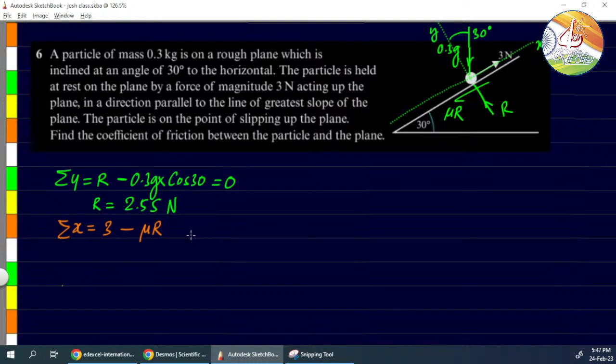Are there any other x components? 0.3 g, will it have an x component? Yes. The y component we have taken, and the x component will also be there. So what will be the x component, 0.3 g sine or cos?